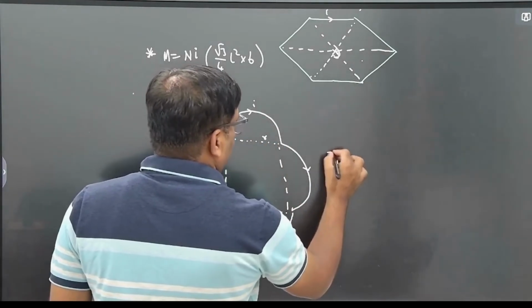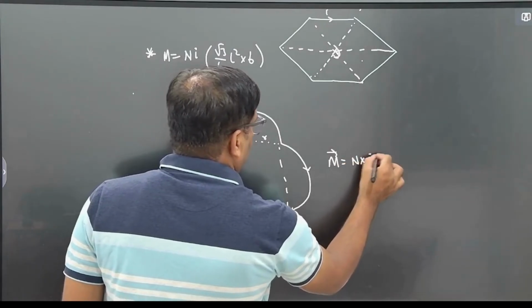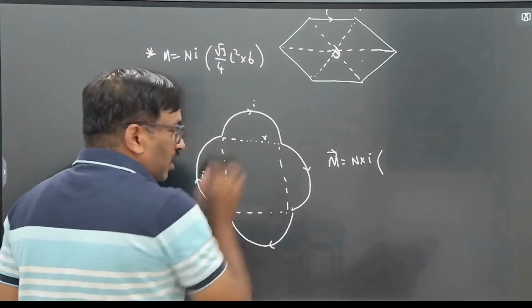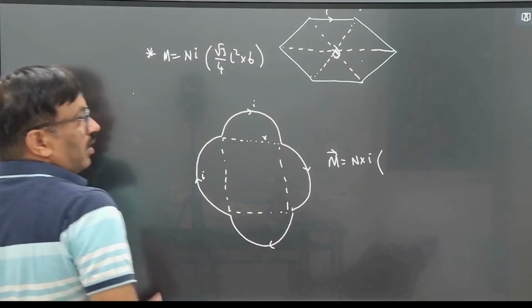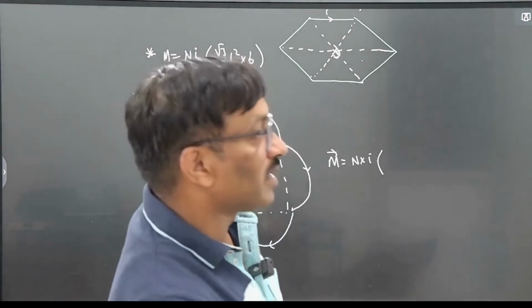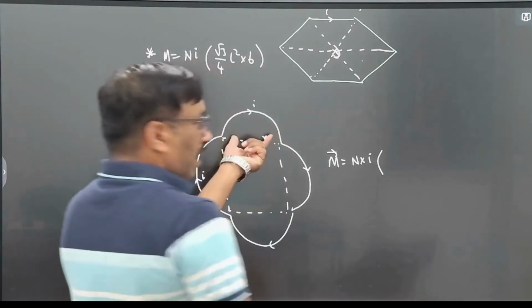What is the magnetic moment now? Number of turns into current into area. What is the area? This is a semicircular coil. The area of a circular coil is pi r square, but for a semicircular one it is pi r square by 2.